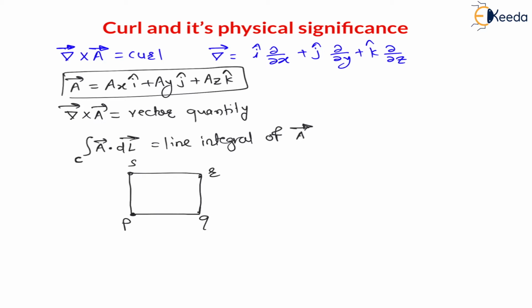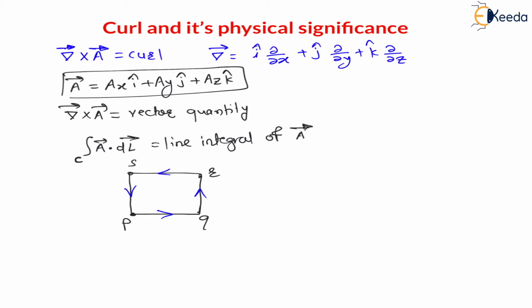And here our travel is anti-clockwise. That means first you travel from P to Q, Q to R, R to S and S to P. Likewise, the line integral over a closed path is called circulation, which we have already defined in previous lectures.